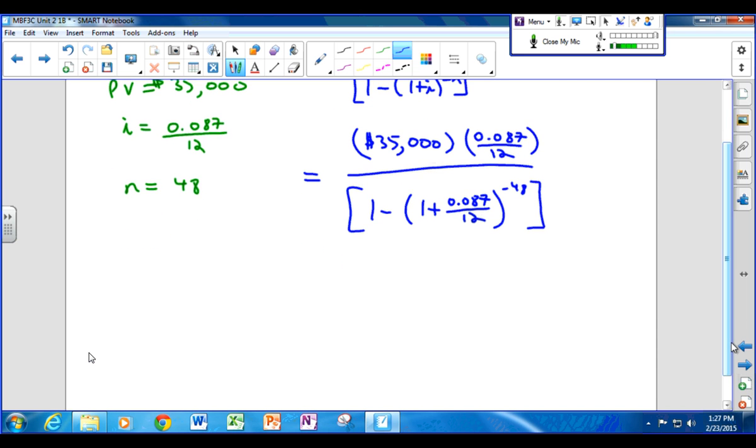Okay, well, can we crank this out in our calculator? Let's try it. Let's do the numerator and the denominator separately. I'm going to start over with the fraction over here. I got 0.087 divided by 12, times 35,000.